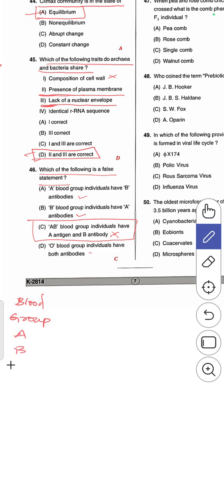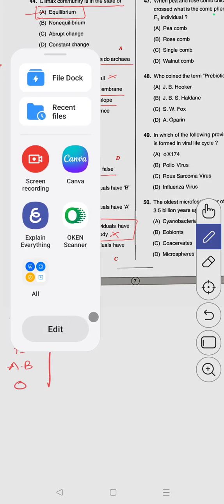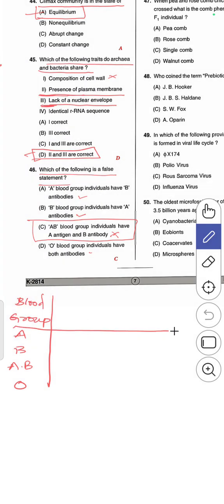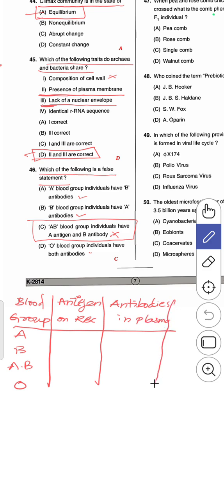There are four different blood groups: A, B, AB and O. Then the second column is the antigen on RBC, and the third is the antibodies in plasma, then donors.